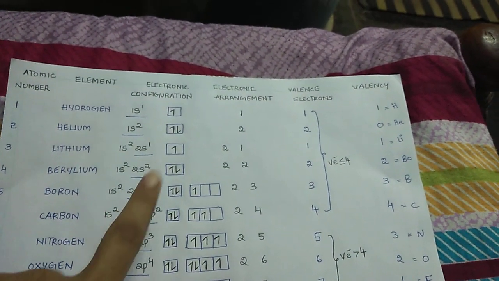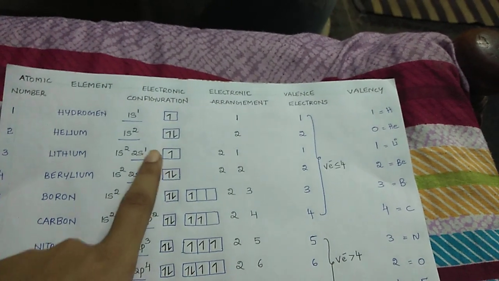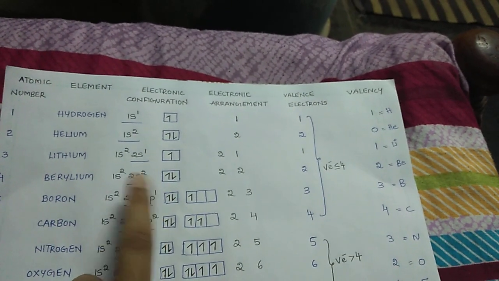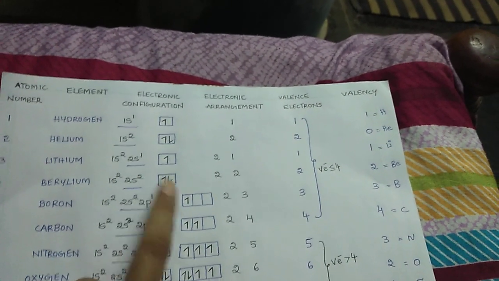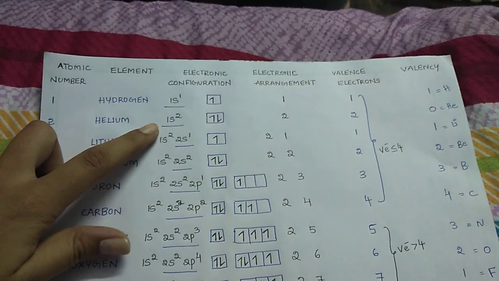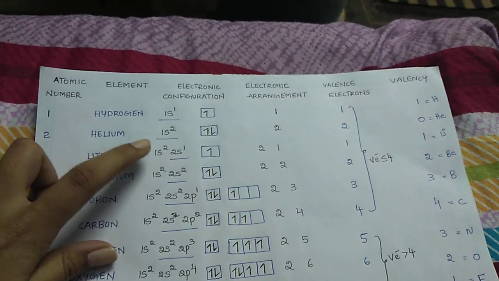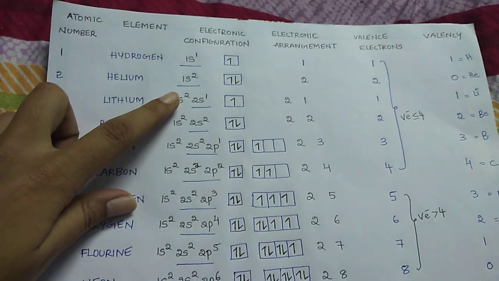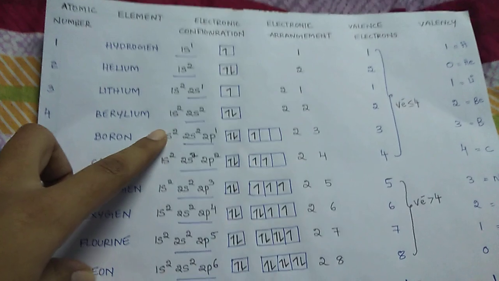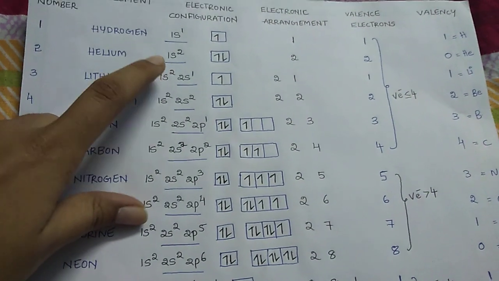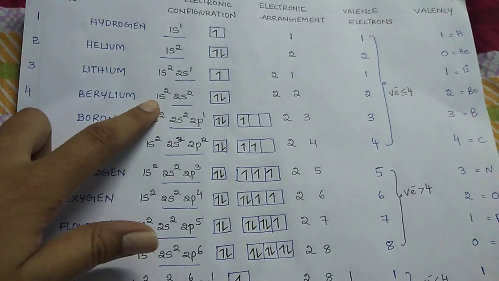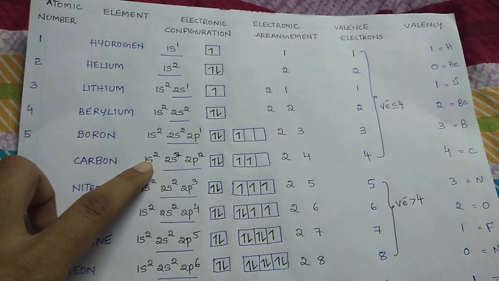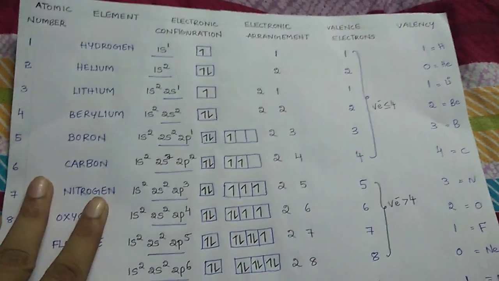Those electrons present in the outermost orbitals are known as outermost electrons, and they can also be called valence electrons. Those electrons present in the innermost orbitals, which I have not underlined, are called innermost electrons.